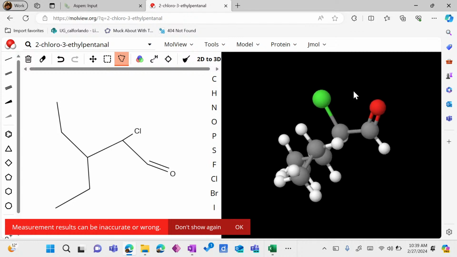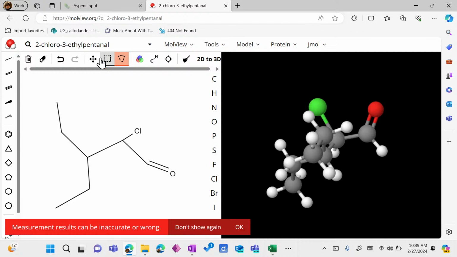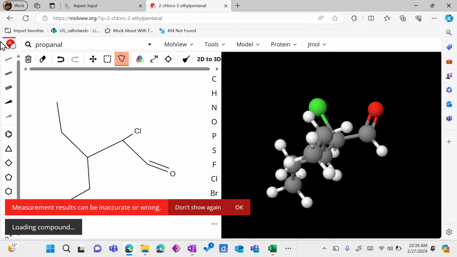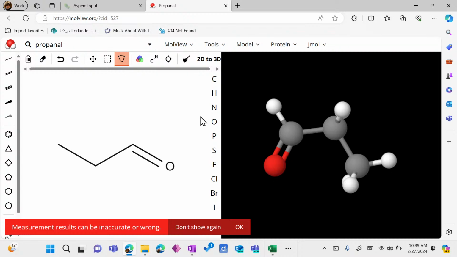So we're going to ignore the chlorine for a second. Obviously, we're going to get a dipole here, right? What about the aldehyde itself? Do aldehydes give us dipoles? What if we did an easy one, and we just did propanal? Is this going to have a dipole? Because I think carbon's 2 point something and oxygen 3 point something, right? Both in the middle. So it's about a delta EN of 1.